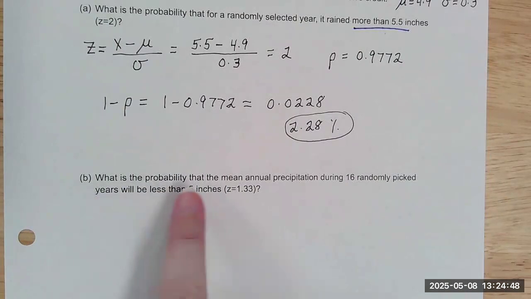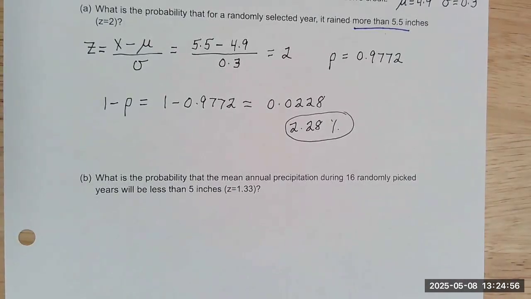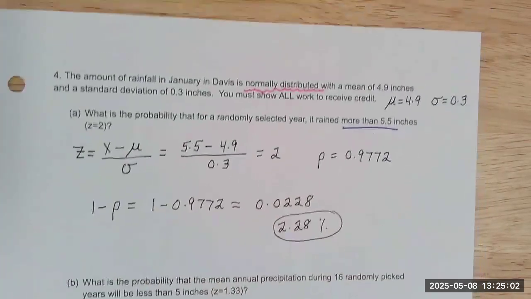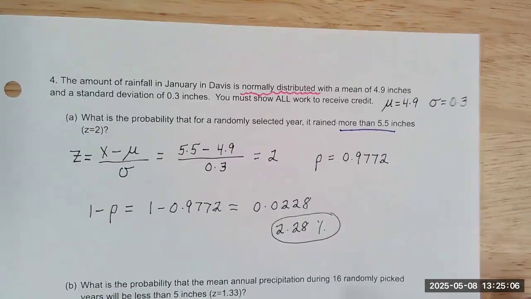The next one says, what is the probability that the mean annual precipitation during 16 randomly picked years will be less than 5 inches? Now we're using central limit theorem. Normally we need it to be 30 or more, but how come we're okay on this one? Normally distributed, so we're still good.